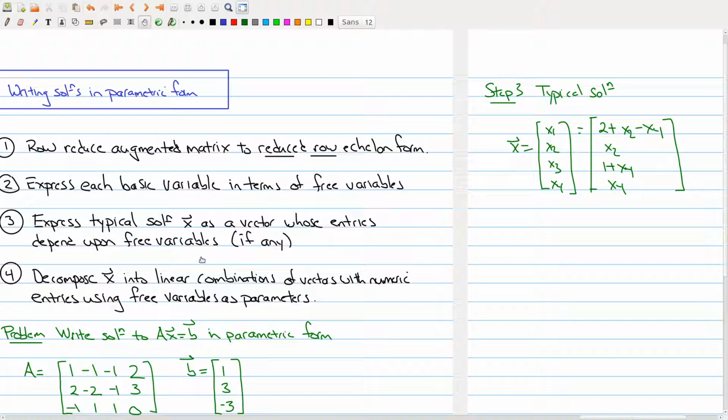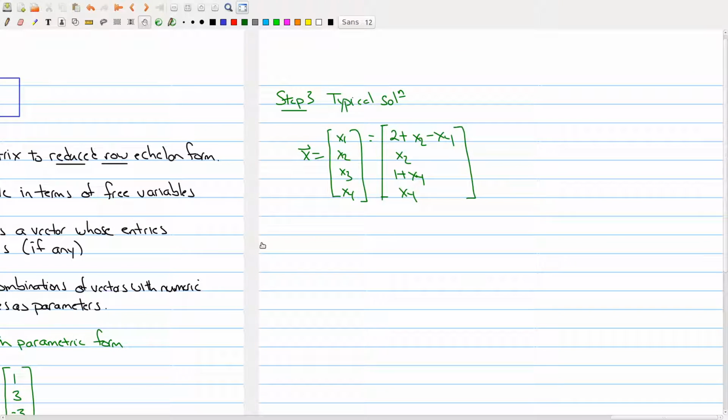Then step 4 is to decompose this solution into a bunch of vectors only containing numeric entries, multiplied by our free variables as our parameters. Let me show you how this is done. I can take my x, and first I'm going to ask what are all the numbers that do not involve free variables? I get a 2 in the first coordinate.